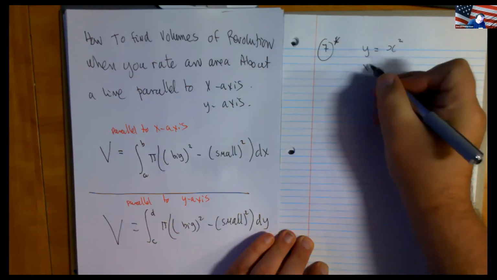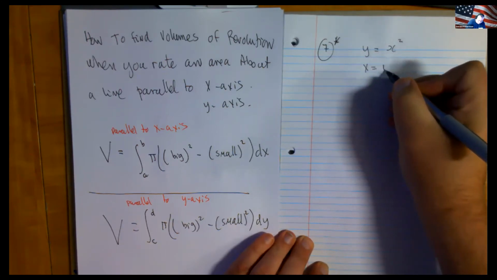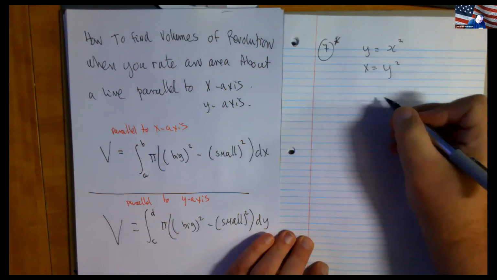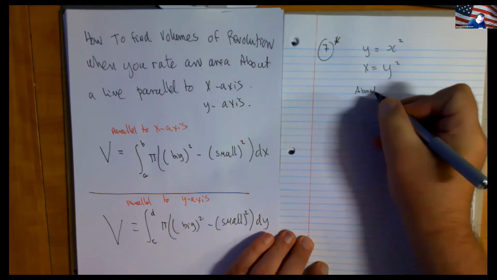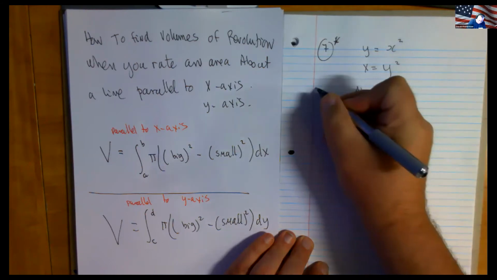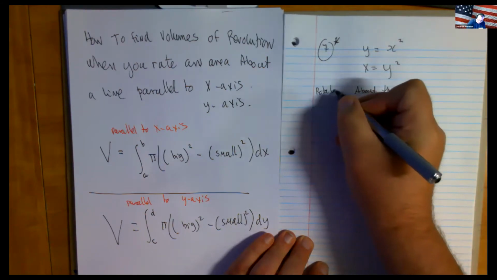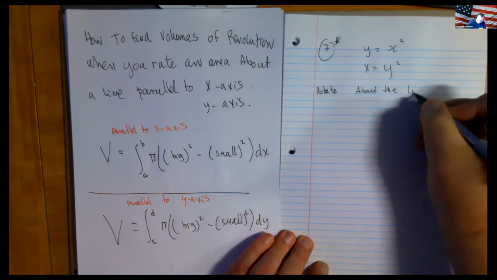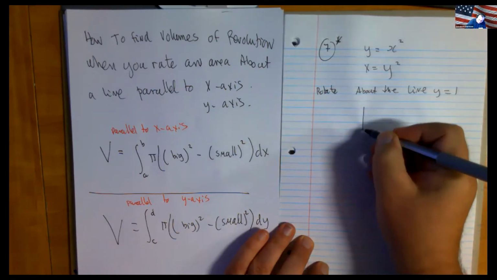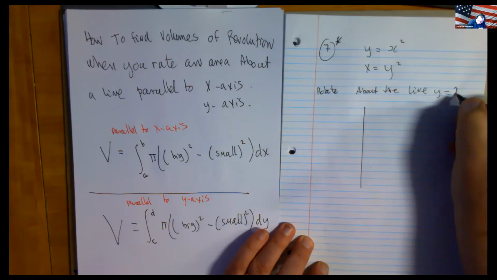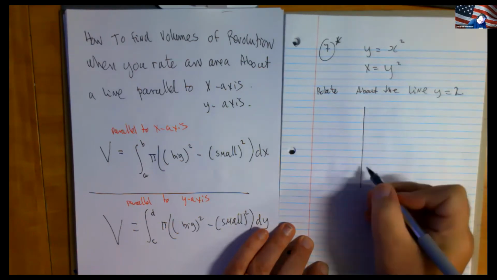We're going to do x equals y squared. And we're going to rotate about the line y equals 1. No, let's make it harder. Let's make it 2. Yeah, that's better.